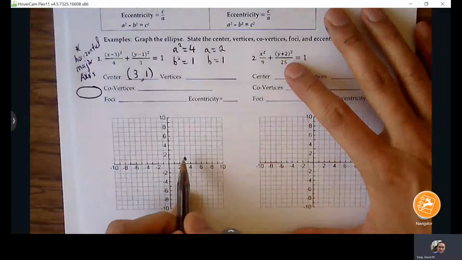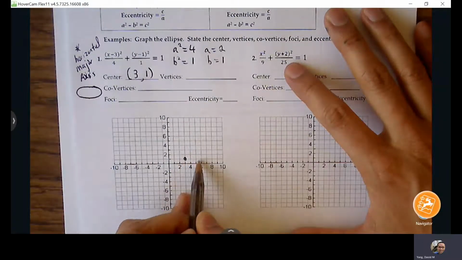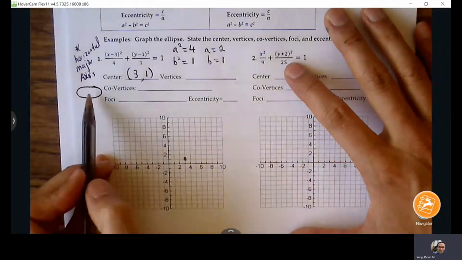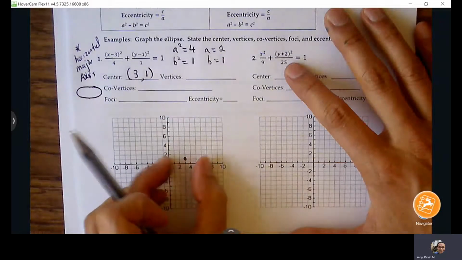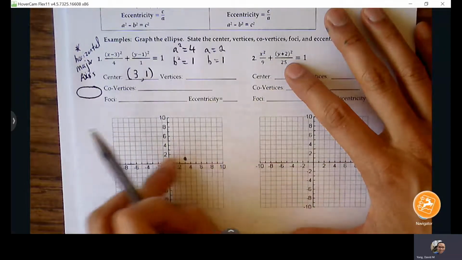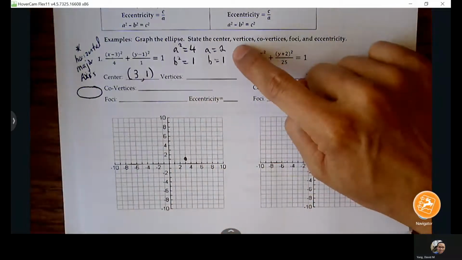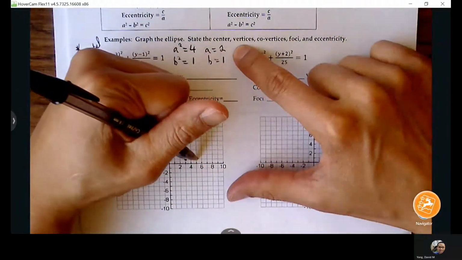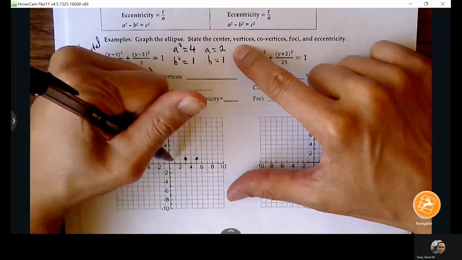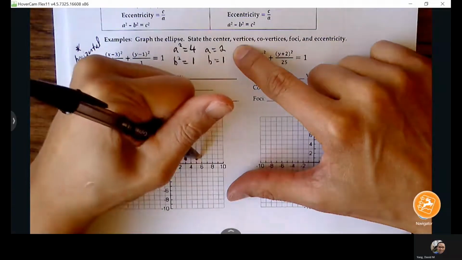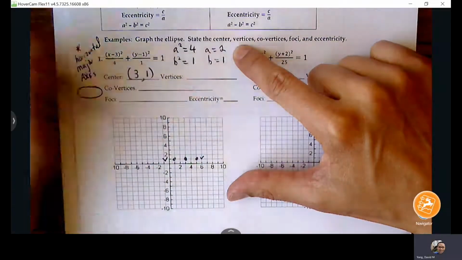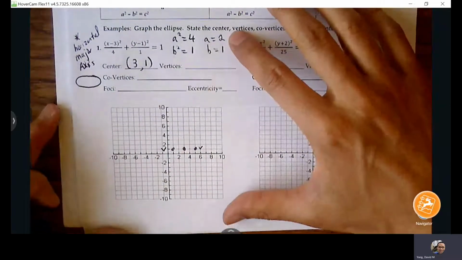So you're going to go over 2 to the left and to the right 2 units, because you know that you're going to be finding your vertex going left to right. You can go ahead and label them as your vertex, as your V.